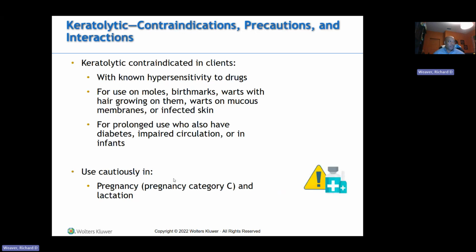Those who have diabetes or some impaired circulation, like peripheral vascular disease, or even infants, these medications should not be used. But they are used cautiously in the pregnant, lactating woman. Now, salicylic acid may cause salicylate toxicity if it is used for a long time. So we have to be careful about how long this medication is being used.